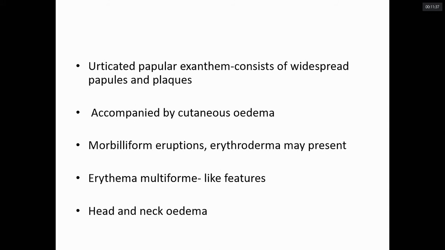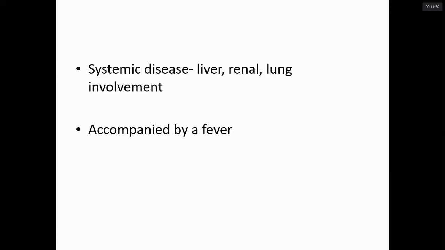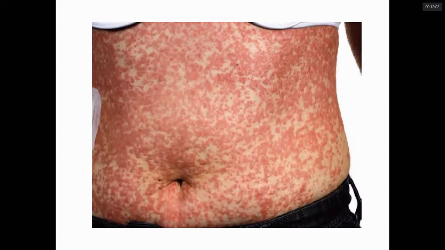Sometimes erythema multiforme-like features can also be seen in DHS, that is DHS or DRESS, and head and neck edema is also commonly seen in DRESS. There can be other system involvement also, like liver, renal, lung involvement. It is accompanied by fever. You can see there are multiple morbilliform erythematous papules over the trunk.